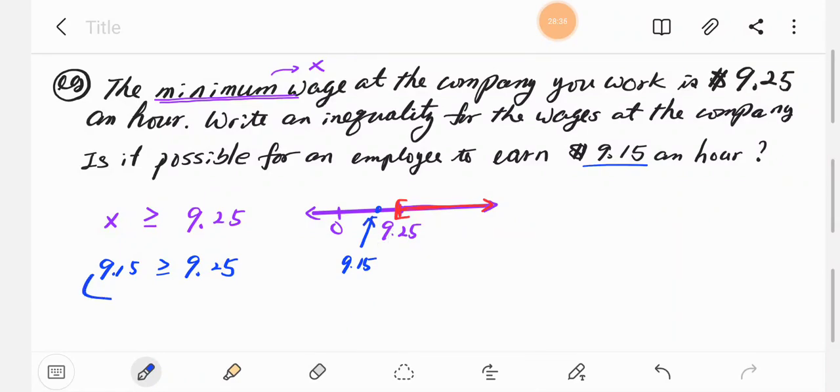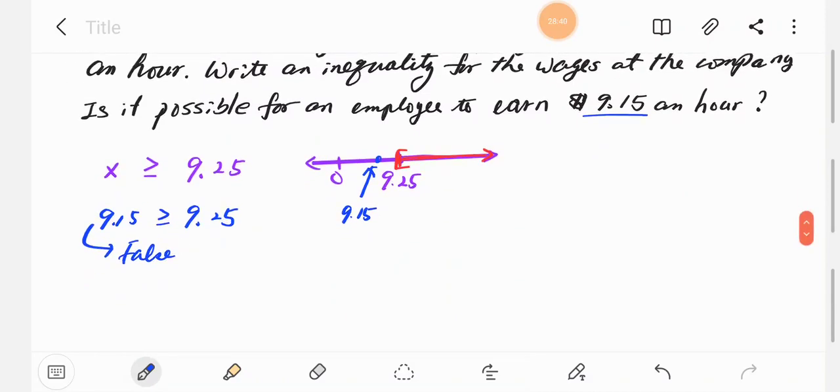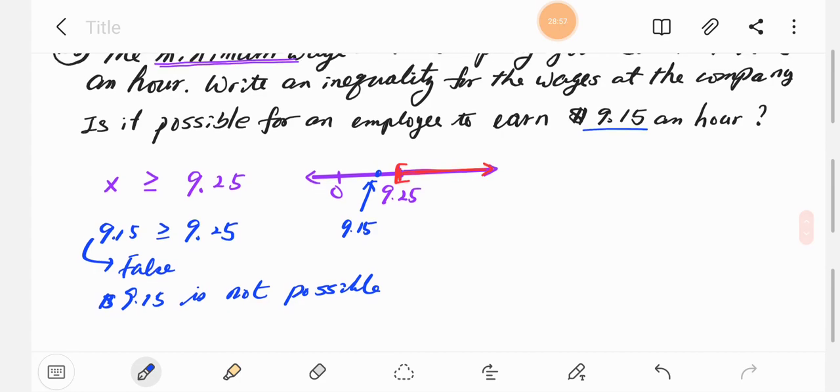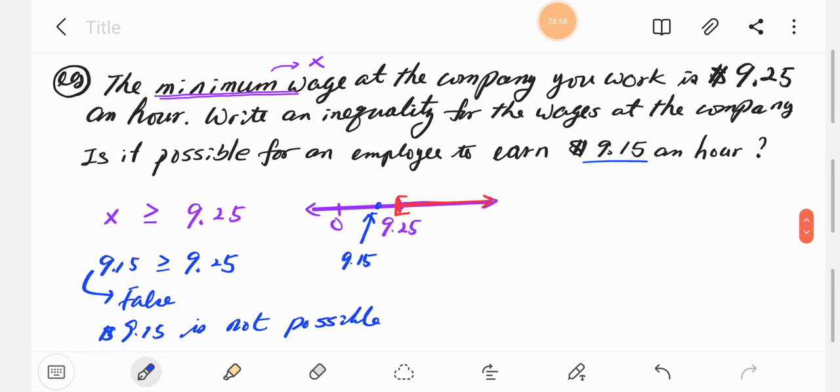So this is false. So no, $9.15 is not possible. It's not a possible wage. Okay, so it looks like we are done for this section.